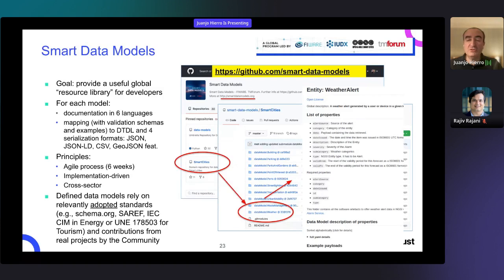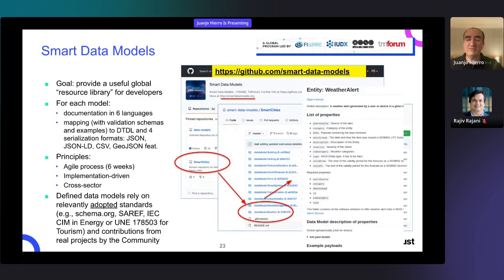So we encourage participants of data spaces to rely on an initiative we call the Smart Data Models Initiative, which was launched by a number of organizations that you see there on the upper right corner: FIWARE Foundation on one side, IUDX, Open Agile Smart Cities, TM Forum, and other initiatives we are in conversation with to join this effort.